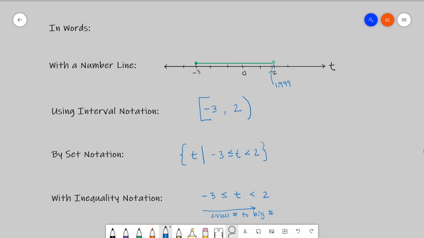In words, we'll say t is greater than or equal to -3 and less than 2. So I'm using the left boundary first to talk about t is greater than or equal to that left boundary, and then it's less than 2 or less than that upper boundary. So there is your second example.